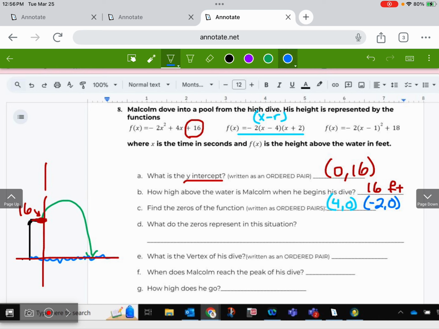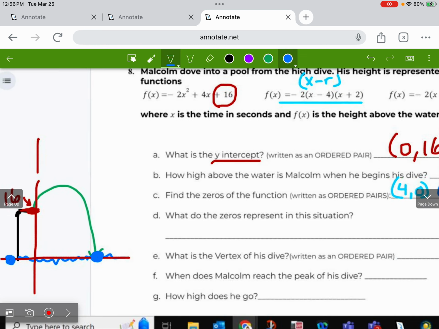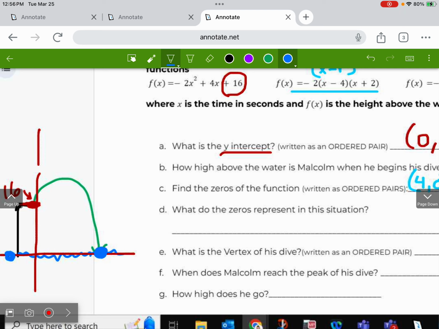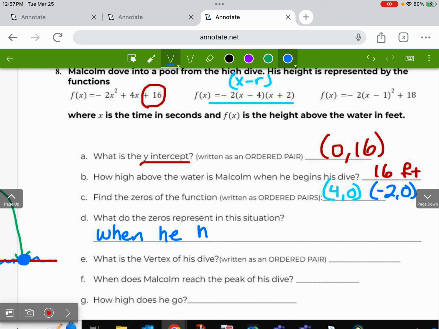So (4, 0) is this guy right here. (-2, 0) would be back here. It's those x-intercepts, right? Those x-intercepts, the zeros, the roots, the solutions, those guys. And what they are is when he hits the water, when he gets to the water surface. When he hits, enters, gets to, whatever word you want to use, when he hits the water.